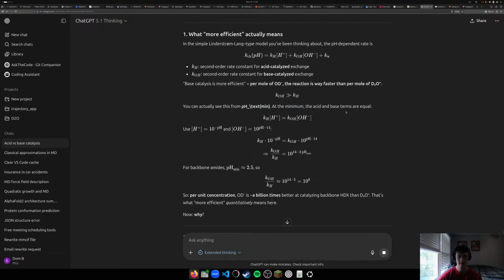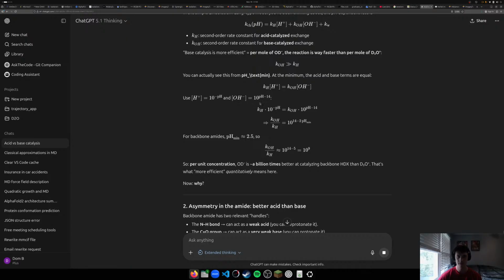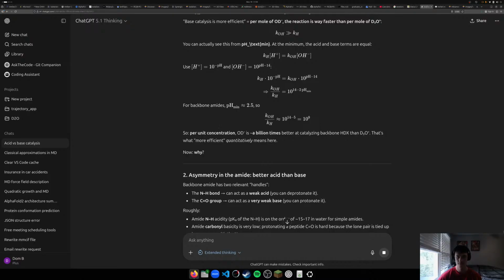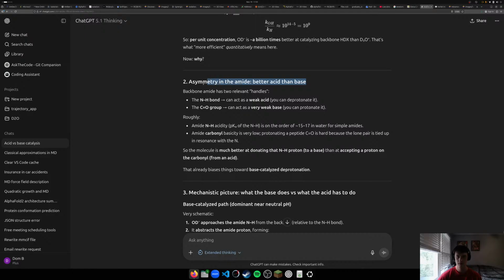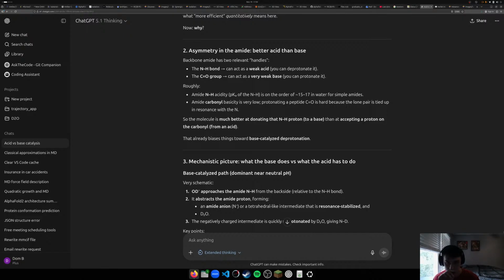At the minimum, the acid and base terms were equal. Asymmetry, better acid than base.